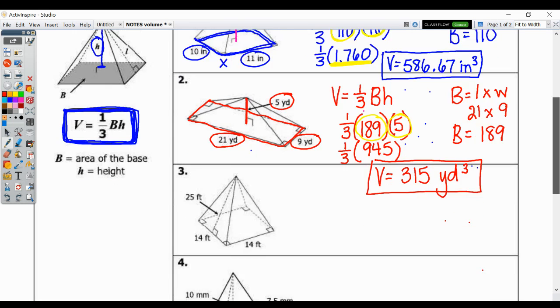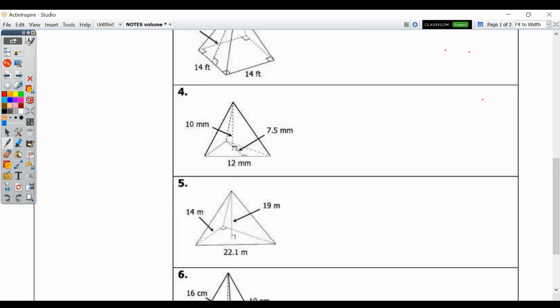Okay, I'm going to do one more pyramid, and then we're going to move on to cones. So I'm going to do number 4. Number 4, it's a pyramid. So my formula for volume of the pyramid is volume equals 1/3 times capital B times H. If we look at the base of this pyramid, it is not a rectangle, it's a triangle. So to find the area of that base, I need to use the formula for area of a triangle.